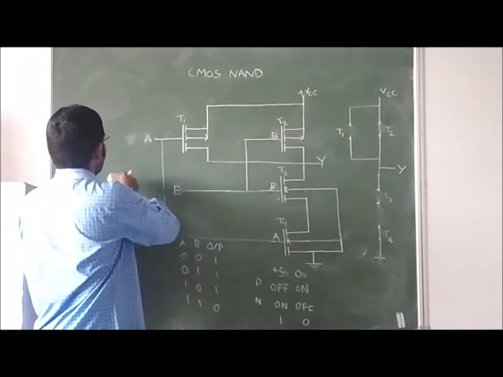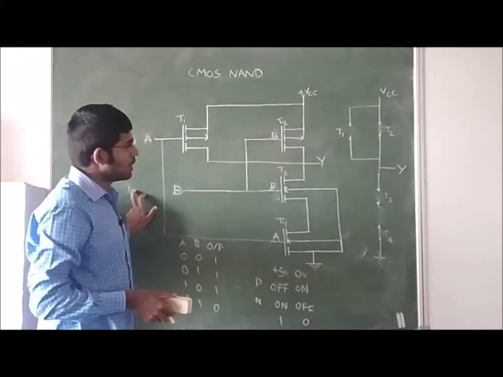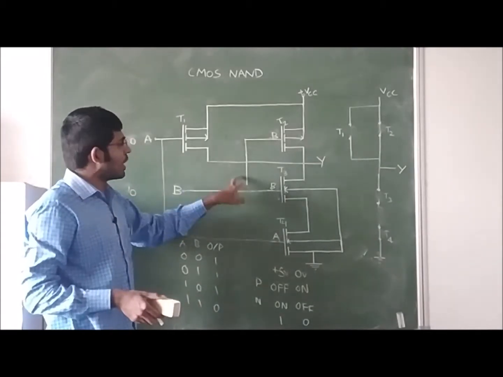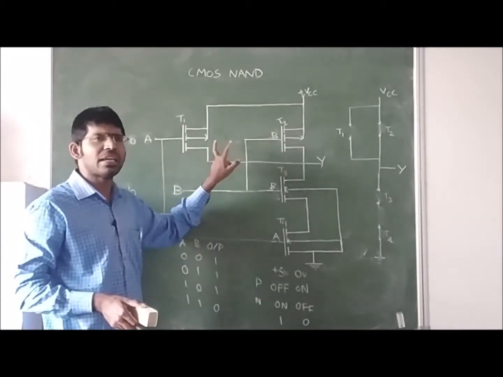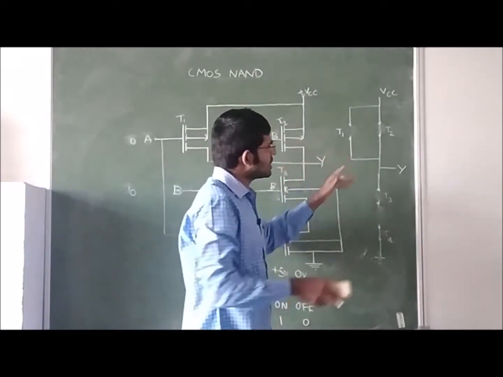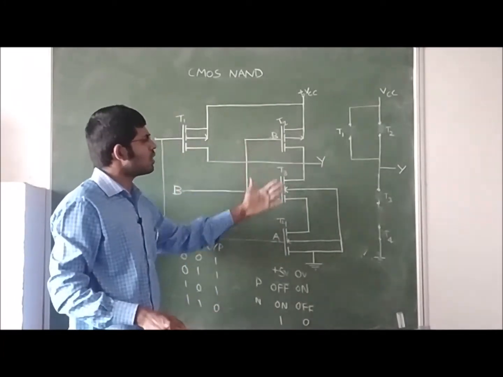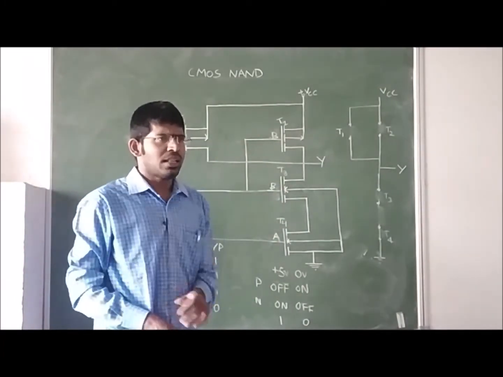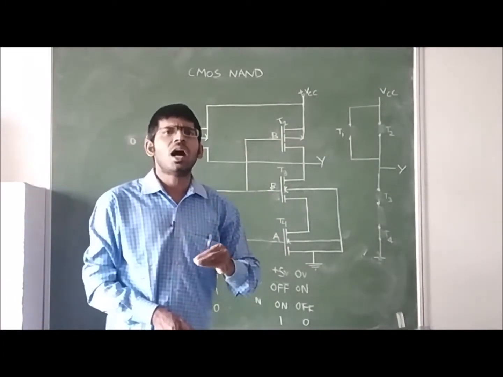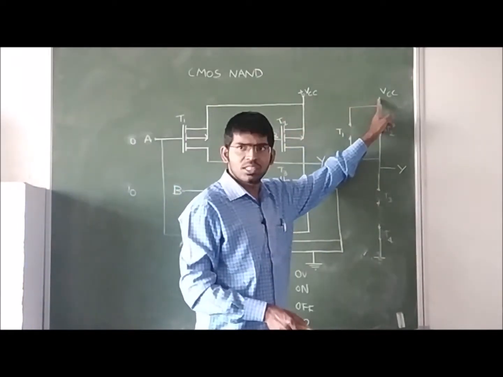Now initially, we are giving both inputs 0. Because it is difficult to understand by seeing the complicated MOSFET diagram, we are simply representing them with switching actions, because these are working like switches. They are either in on condition or in off condition. Now I have taken the VCC.